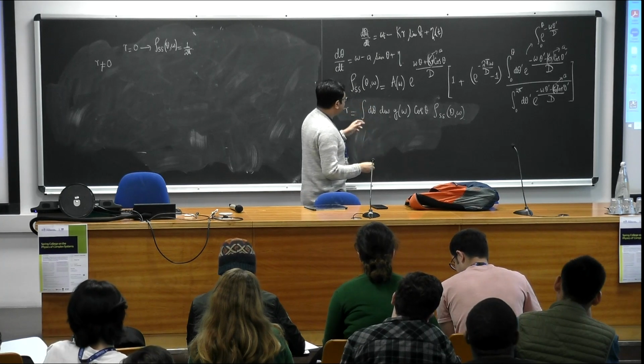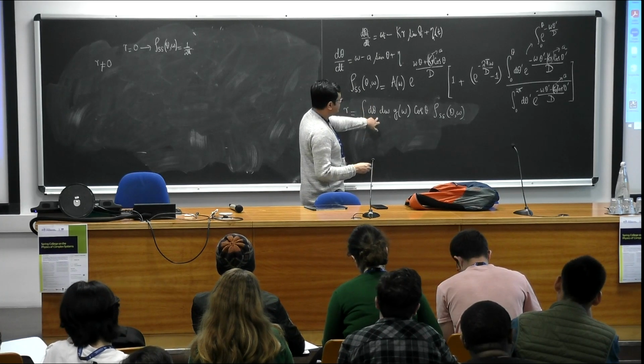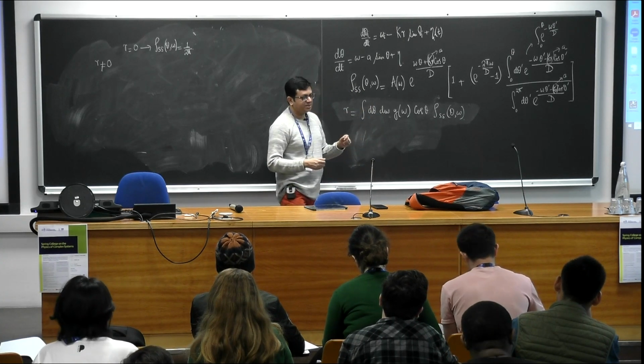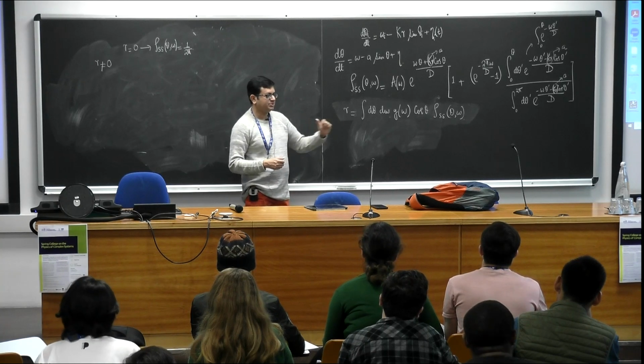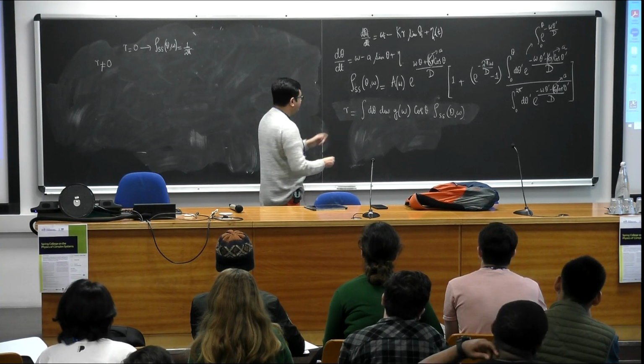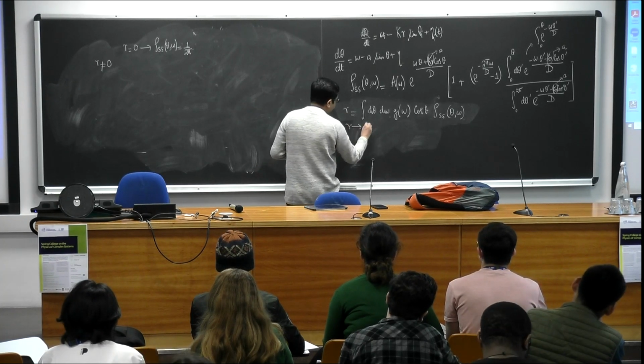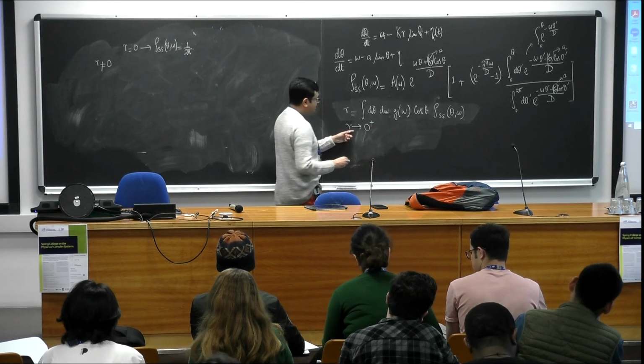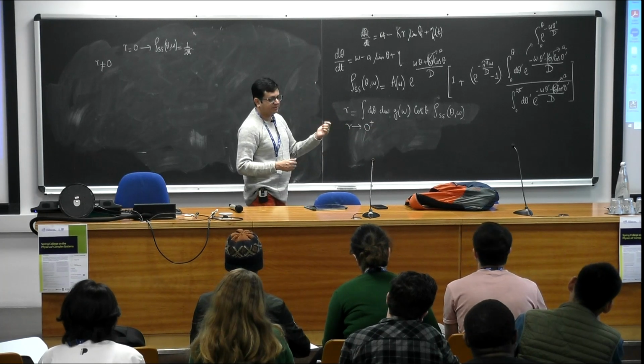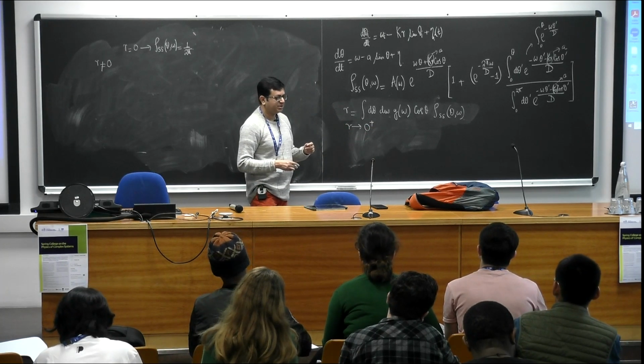What I need to do is plug this in here, and what I want to see is if I approach r equal to 0 from the right hand side, that is if I take the limit r going to 0 plus of this equation, then what is the critical value that I get? That would give me the value of the critical coupling.